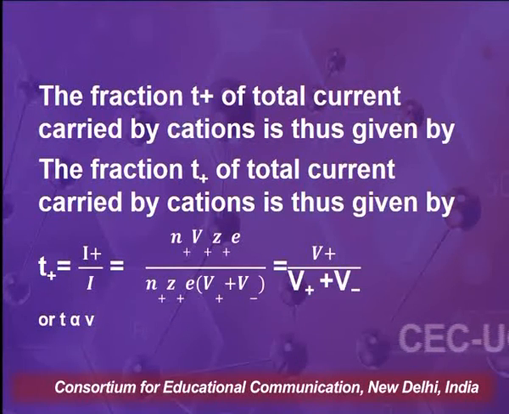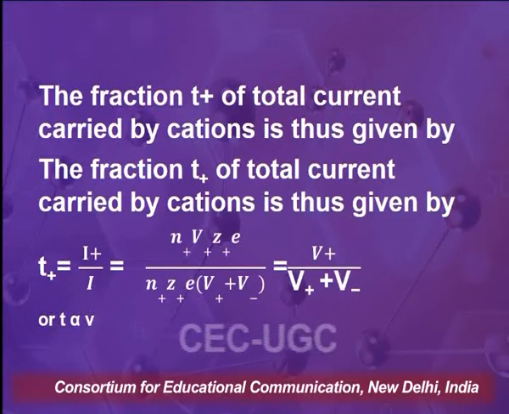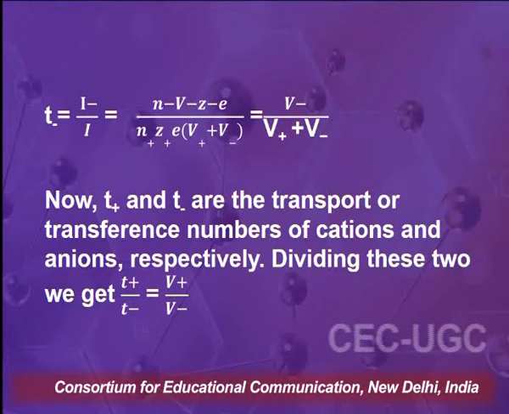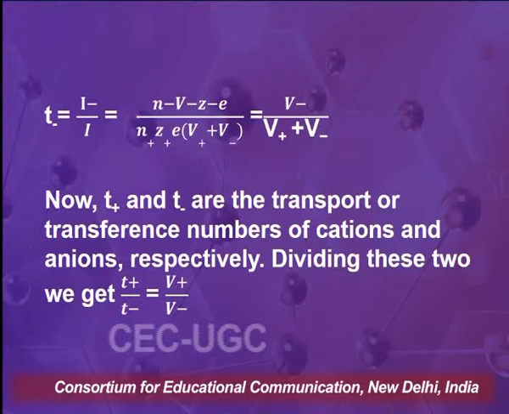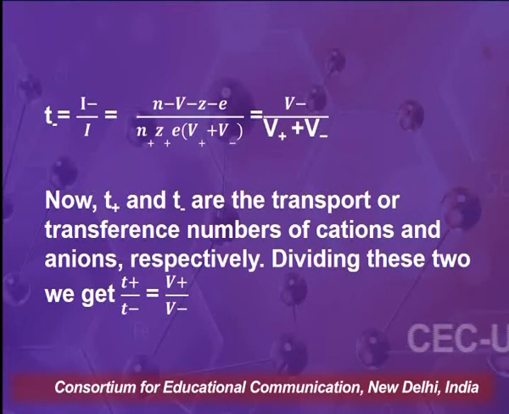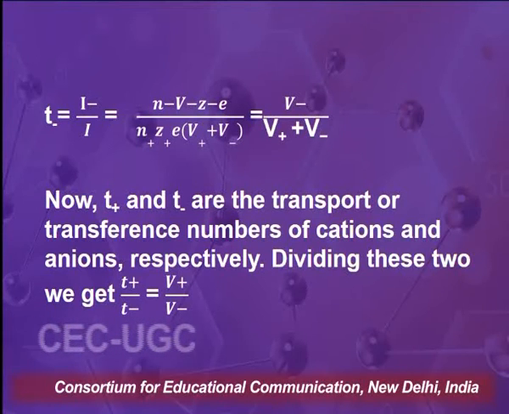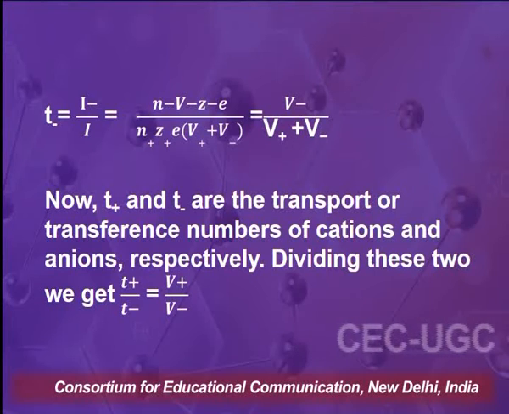Cancelling the common terms, T plus is equal to V plus divided by V plus plus V minus. Similarly, T minus is equal to I minus divided by I, which becomes equal to V minus divided by V plus plus V minus. Now, T plus and T minus are the transport or transference numbers of cations and anions respectively.